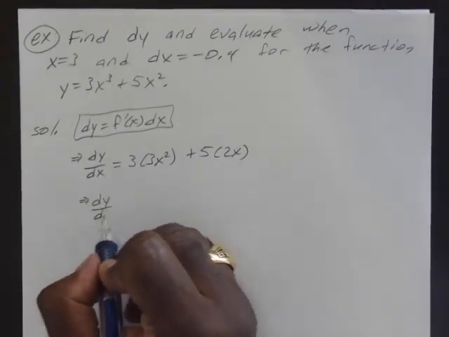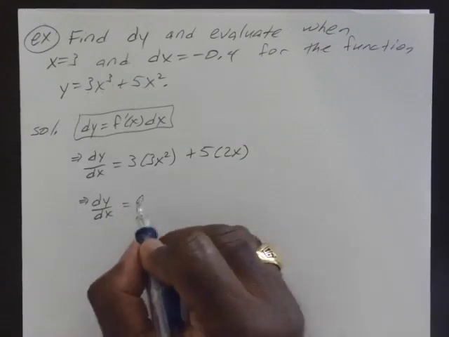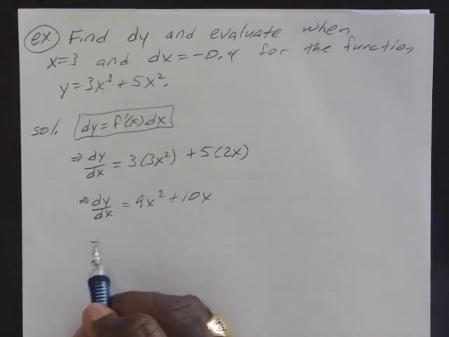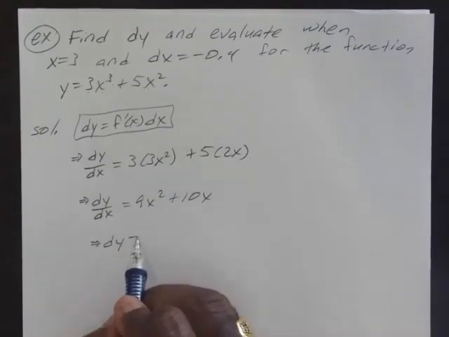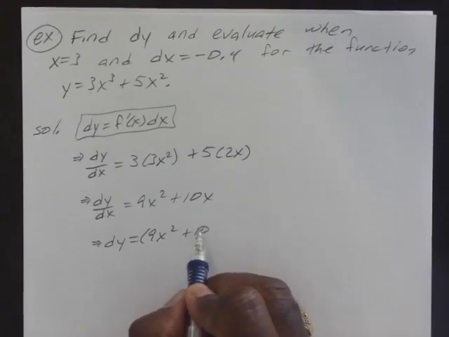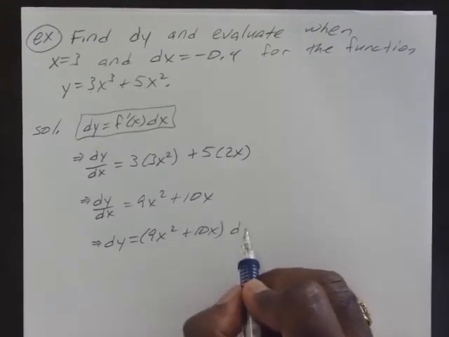So your dy dx is just 9x squared plus 10x, which means your dy is 9x squared plus 10x dx.